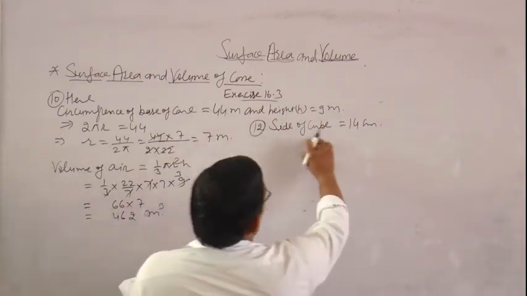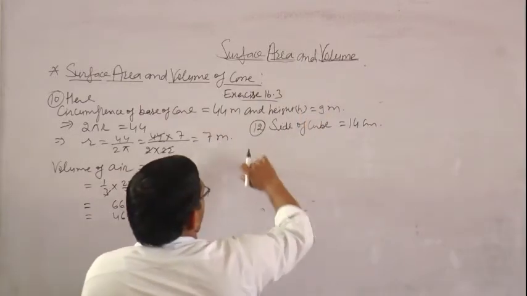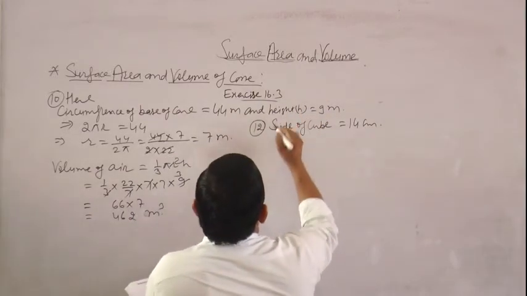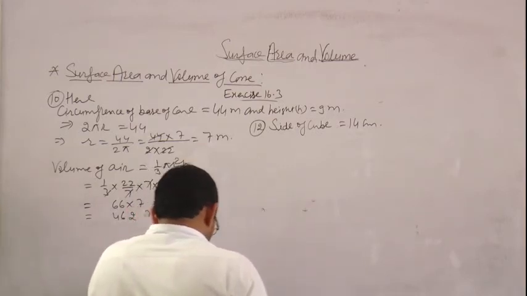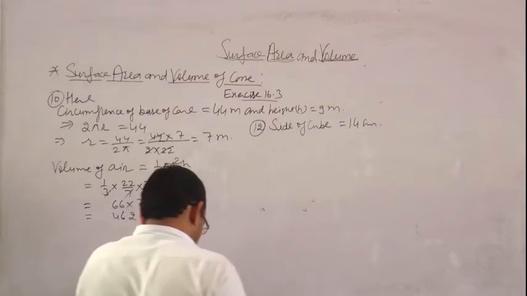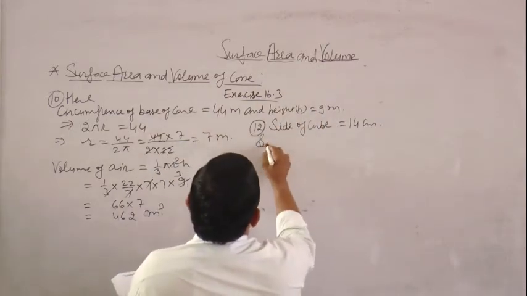So because side of cube is 14 centimeter, a cone of maximum height is cut from a cube of edge. It means height of cone.